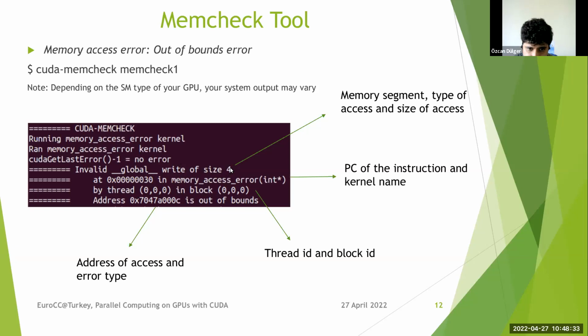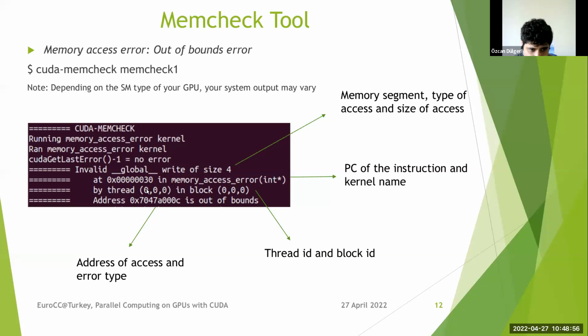Since it is an integer type, it takes 4 bytes. And in the second line, the name of the kernel is given, memory access error. And to the left of the kernel name is the PC number of the instruction.